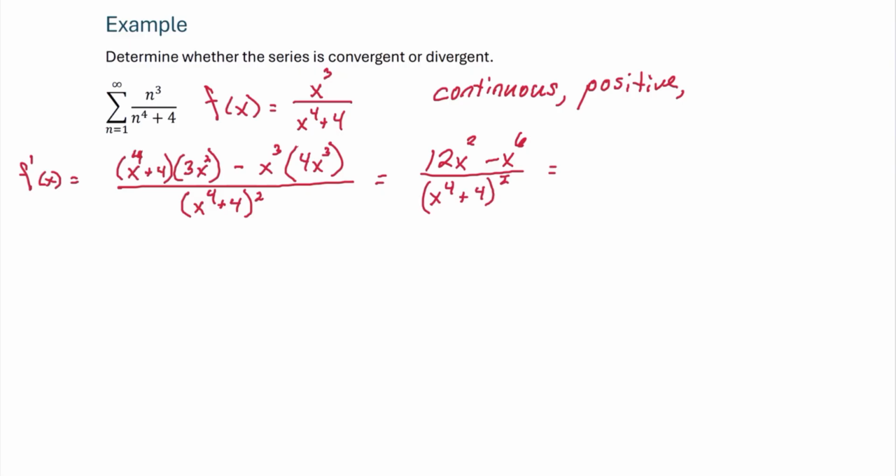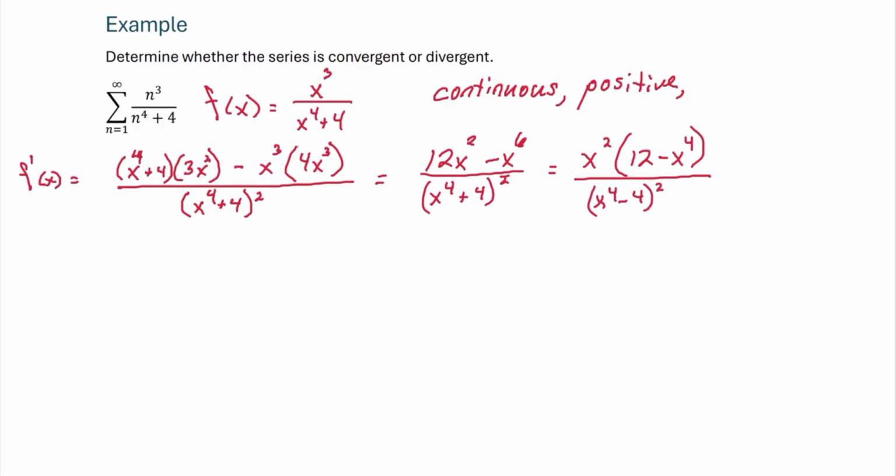We'll factor out an x squared in the numerator. It'll give us 12 minus x to the 4th, divided by x to the 4th plus 4 quantity squared.